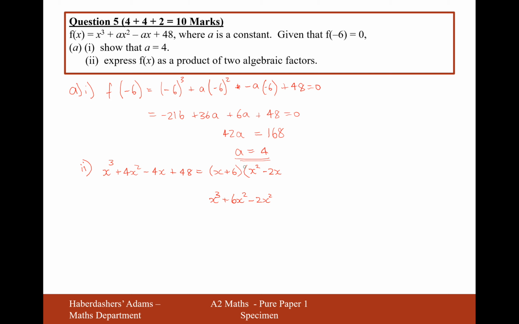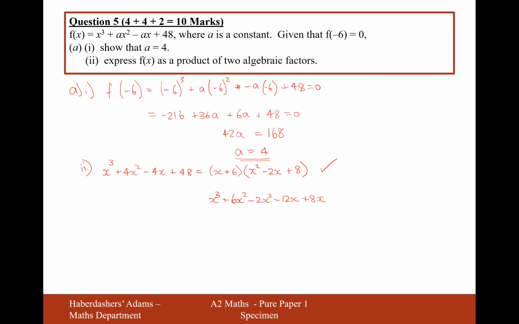The next thing I'll get when I expand is a minus 12x. Now I don't want minus 12x, I want minus 4x, so I'm going to need to add back 8 more x's. The only way that's going to happen is if I put an 8 here, so that 8 times x gives me my 8x. And then 8 times 6 is 48, so perfect. That is perfectly divided into x plus 6, x squared minus 2x plus 8.